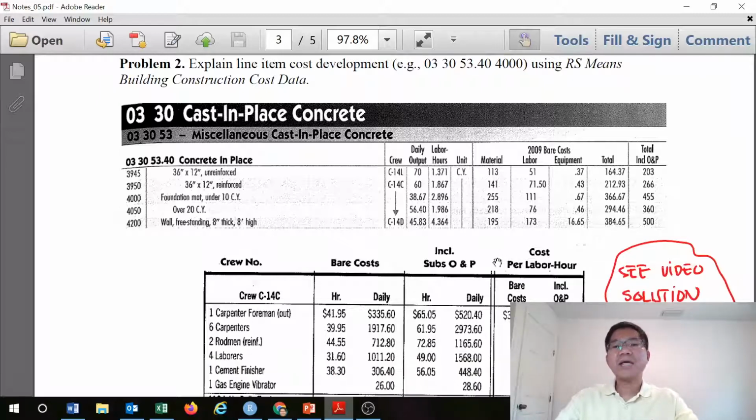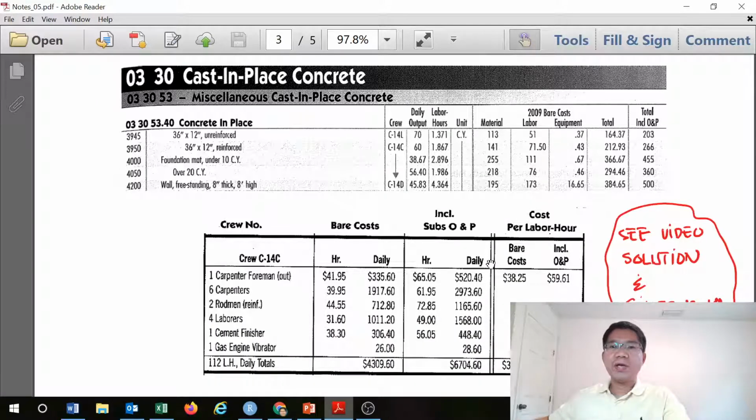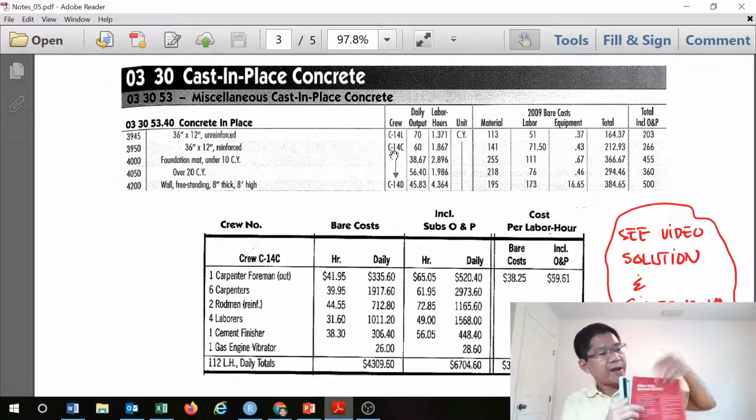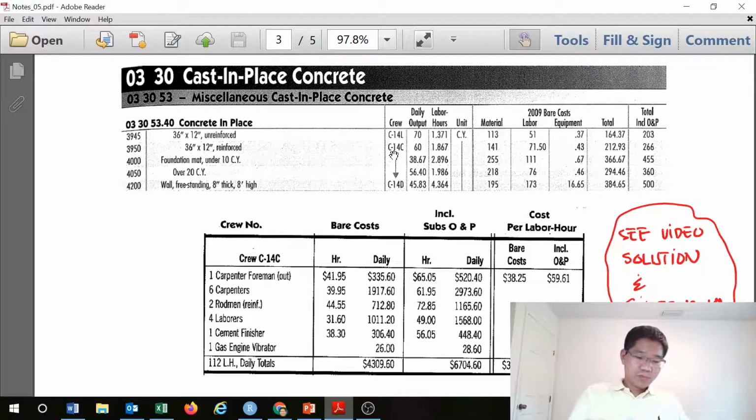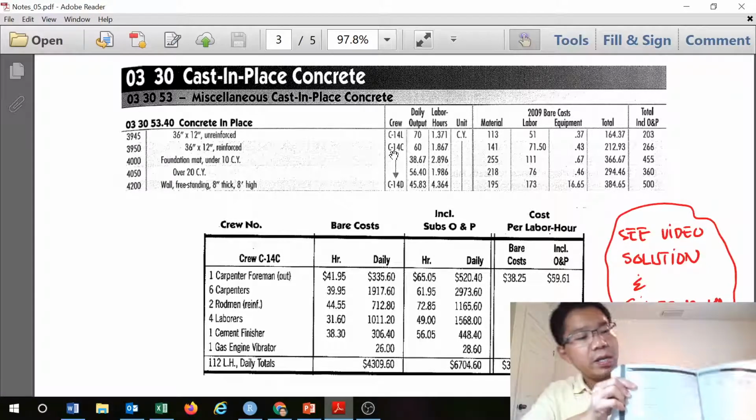Another table is also available here, and you can see a crew for this item 4,000 from this division. That is crew 14C. So at the very end of this book, we are able to find the crews for each work. As you can see, crews are in here.